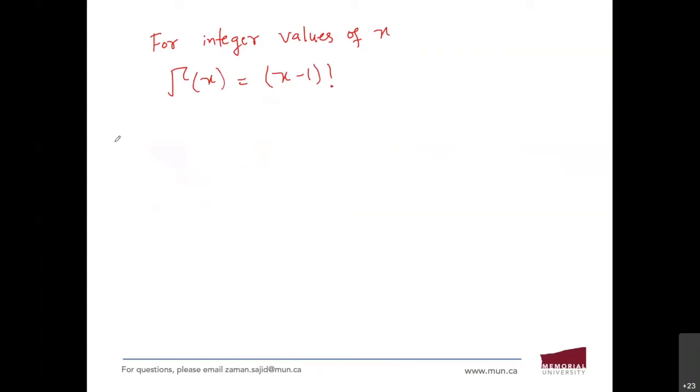By that I mean to say, for example, if you need to take the gamma function of 3, it will become 3 minus 1 factorial. That will be equal to 2 factorial, and 2 factorial is 2 times 1. If you recall, in the factorial we simply multiplied the numbers starting from that number, 3, 2 times 1. Whereas in the gamma function we subtract 1 from this.